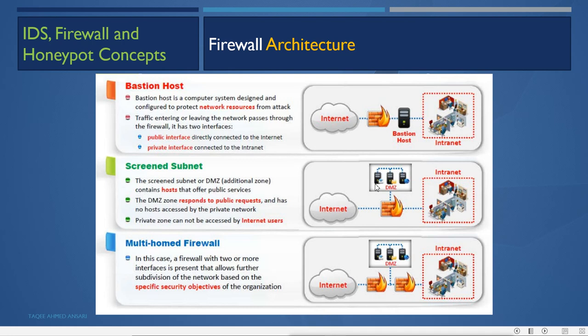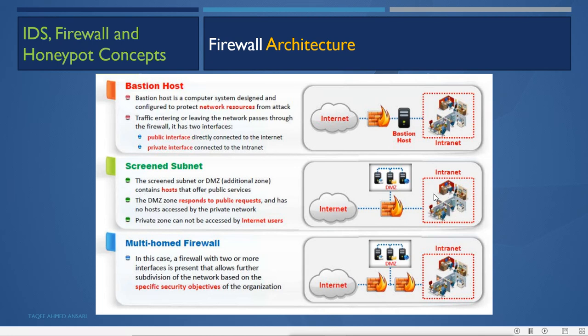The DMZ is called the demilitarized zone. In this zone, they put all the servers which are publicly accessible. That means if the user wants to access a web server, the server which is accessible from the internet will be kept in this demilitarized zone. Now this server is separated from our internal network servers.